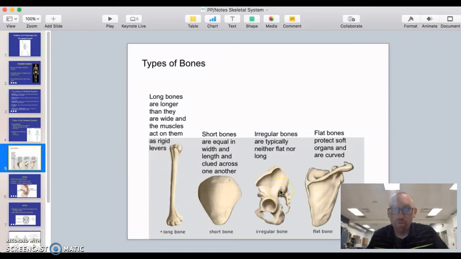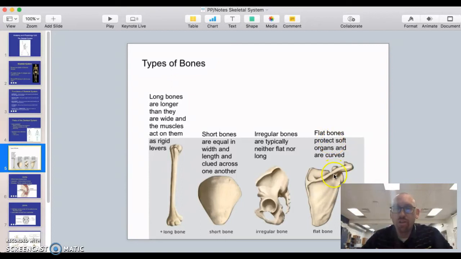Your hip bone is an irregular shape that has the coccyx, which is your tailbone, so it's very unique. And then you have flat bones, which would be like your scapula or your shoulder blade back here, that are very thin and flat.